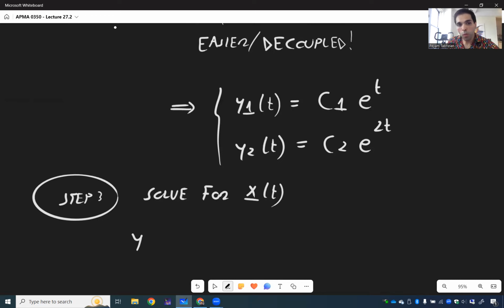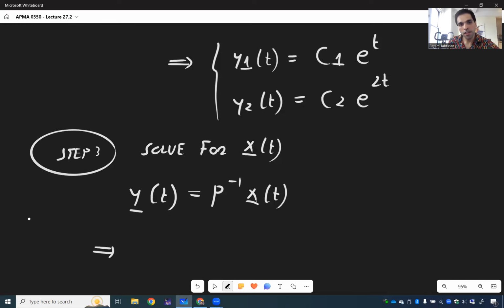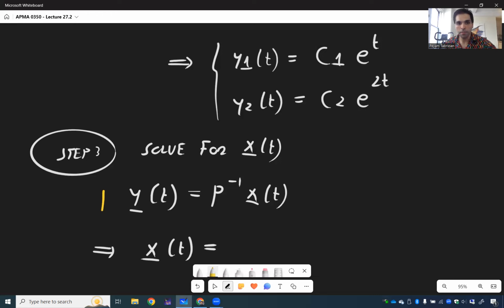So remember, y of t was P inverse x of t, and so x is P times y. If you just multiply both sides by P, you get x is P of y.